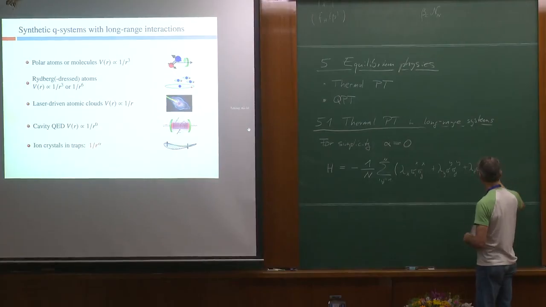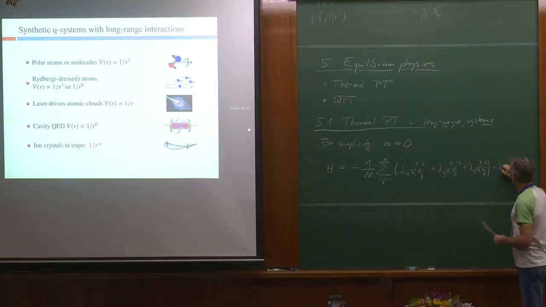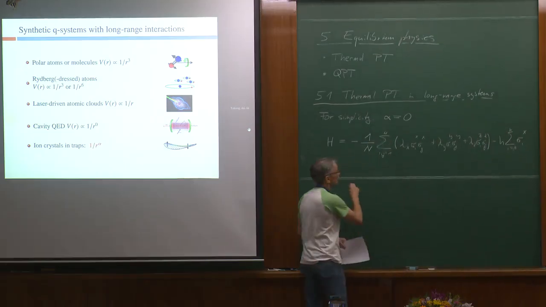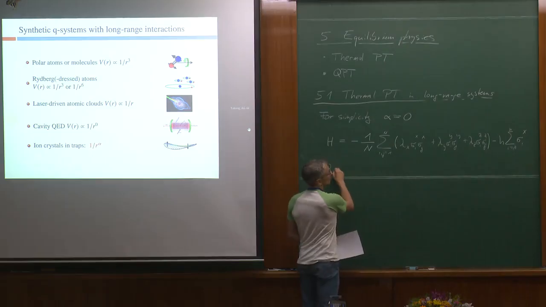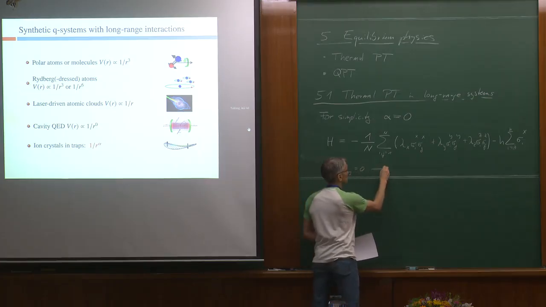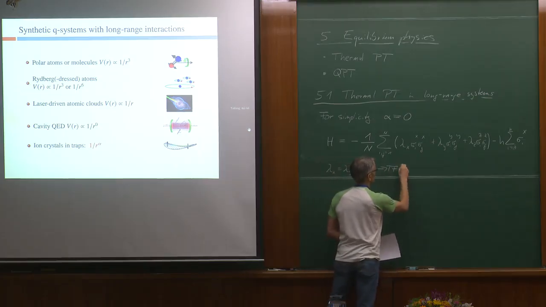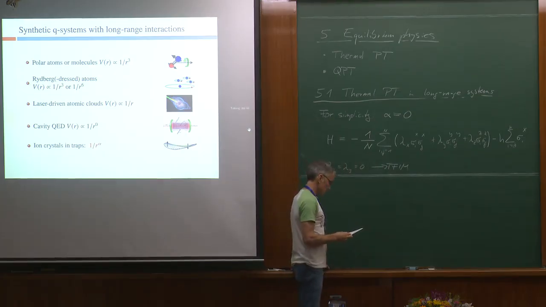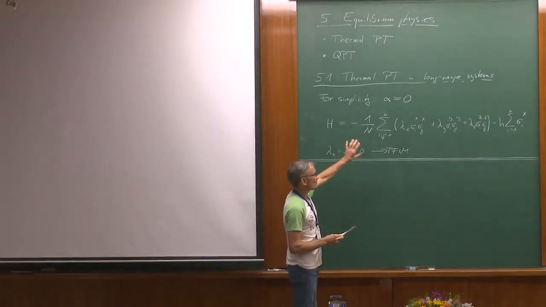It's J. And the usual field term for which I chose the X direction. All right, you can of course easily recognize that for lambda x equals lambda y equals 0, we have the transverse field Ising model from yesterday's lecture. So it's included in this class.